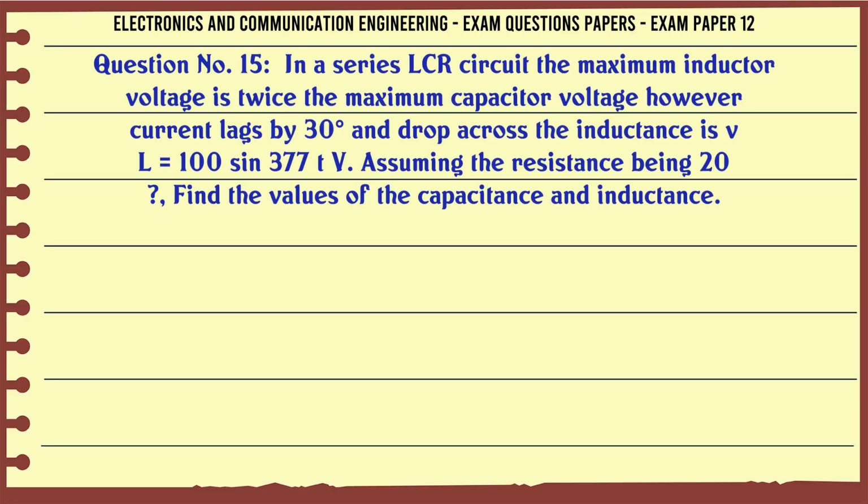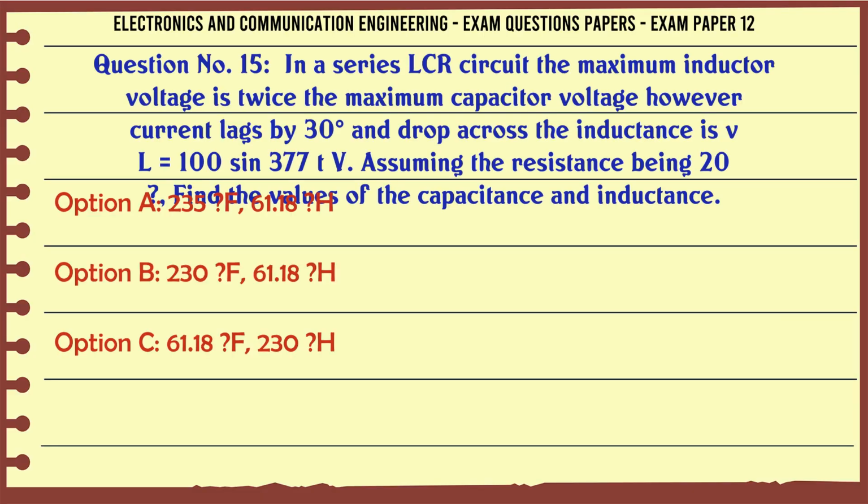In a series LCR circuit, the maximum inductor voltage is twice the maximum capacitor voltage. However, current lags by 30 and drop across the inductance is VL 100 sin 377 TV. Assuming the resistance being 20, find the values of the capacitance and inductance.